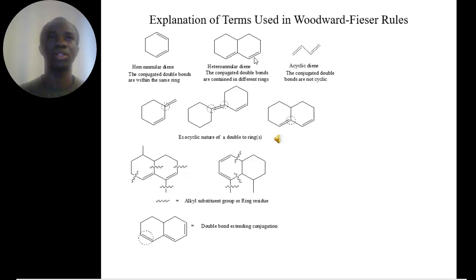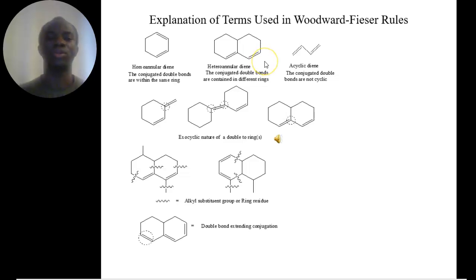So it's not compulsory that the two double bonds should be within different rings for heteroannular. Even if only one of the two conjugated double bonds is within a ring, so that the two double bonds are not within the same ring, it should be heteroannular diene.